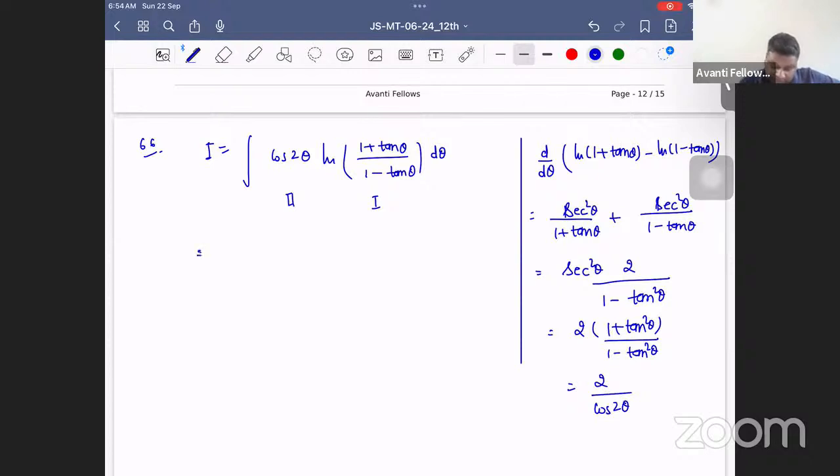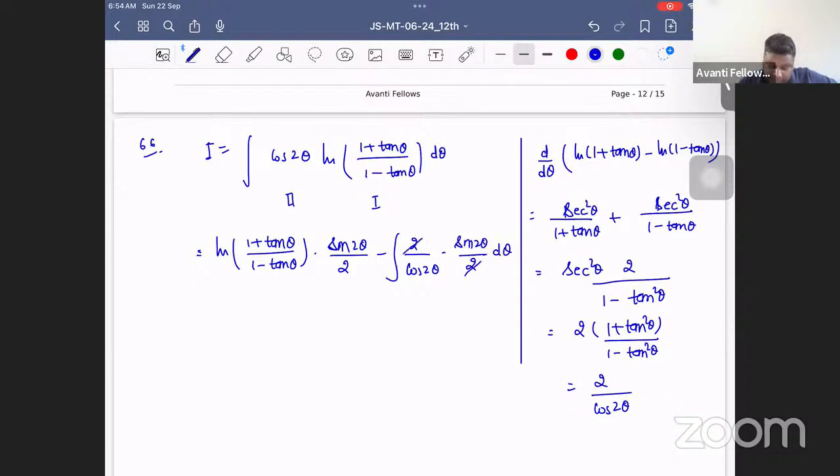Now let's do it. So first function ln of (1 plus tan theta) upon (1 minus tan theta) into integration of second, which will be sine 2 theta upon 2, minus integration of derivative of first, which is 2 upon cos 2 theta, into integration of second, sine 2 theta upon 2 d theta.